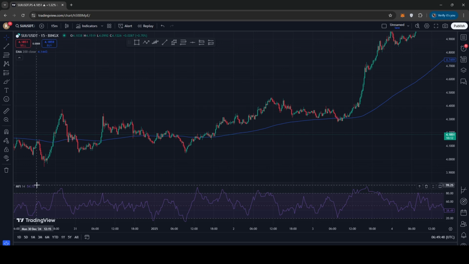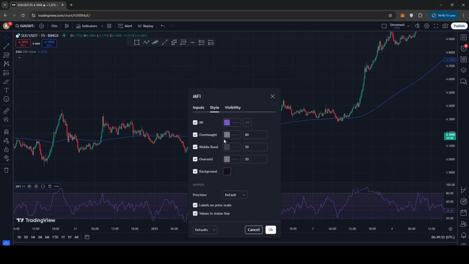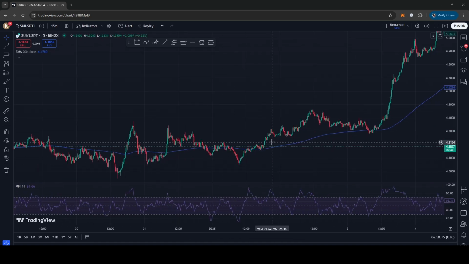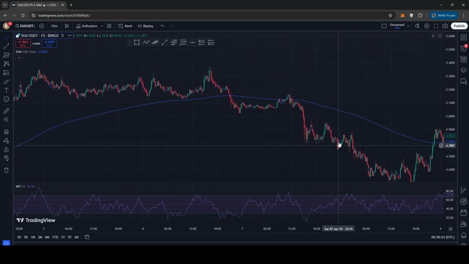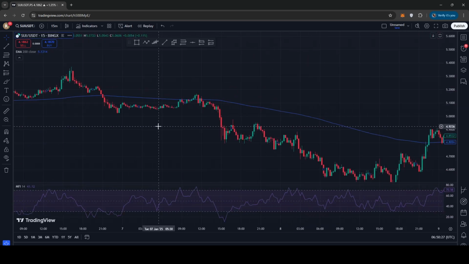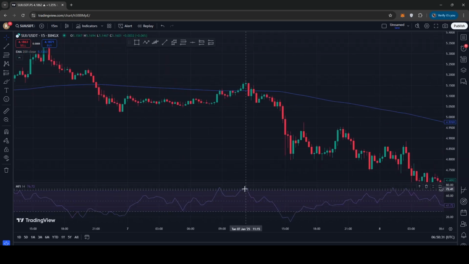I'm going into settings and making sure the overbought is at 17 and the oversold is at 30. Whenever the price is above the 200 EMA, we're looking for buys, and whenever the price is below the 200 EMA, we're looking for sells. But when should we enter? When the MFI shows us an overbought or oversold signal.